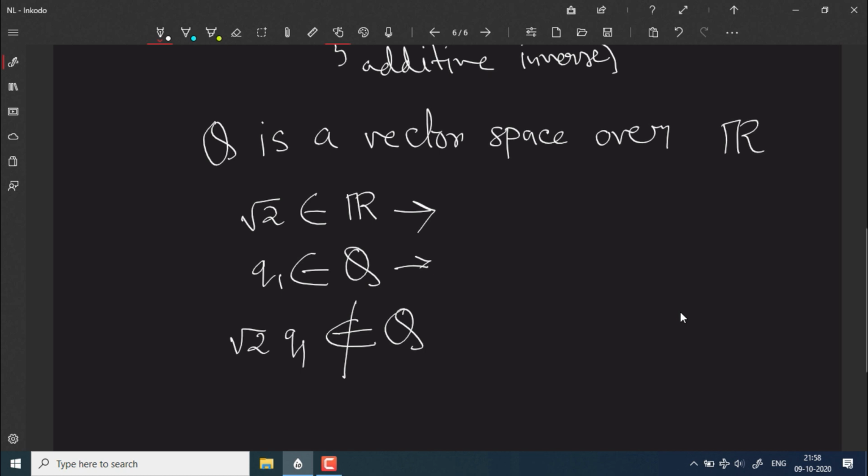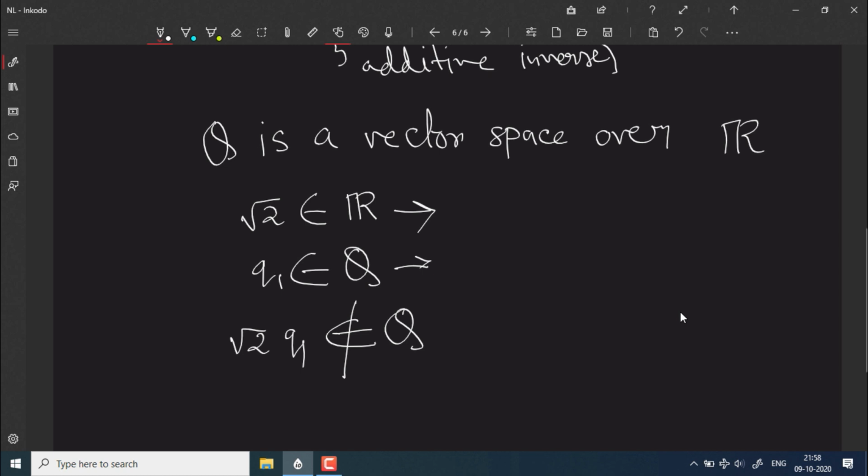In Q you only have the rational numbers. Both of them have that nature, that addition is a commutative operation in both. So you will see that Q is not a vector space over R, while on the contrary R forms a vector space over Q, right?